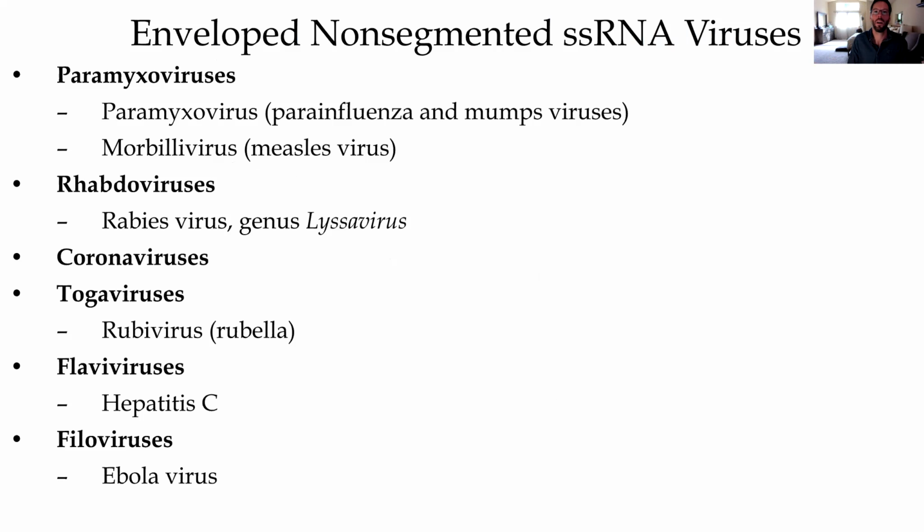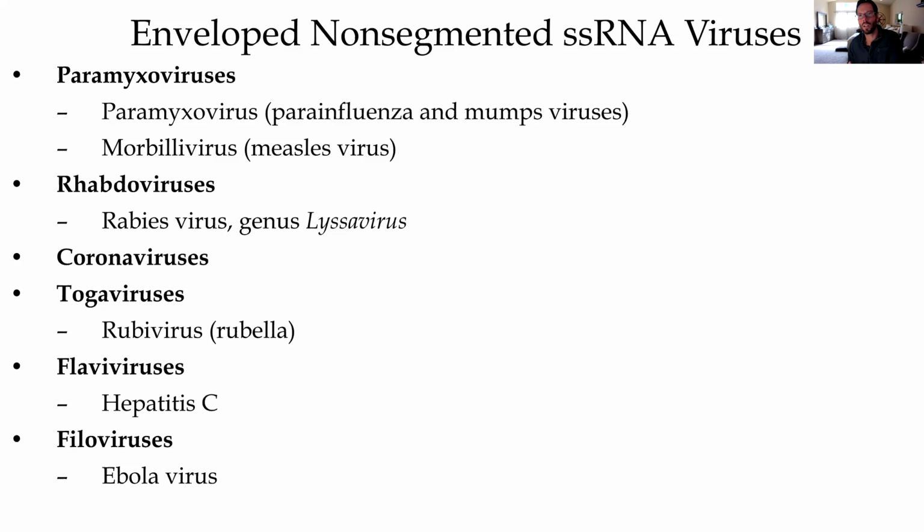That's going to be your mumps, your measles, and your rubella. Flaviviruses, think hepatitis C. Flaviviruses can also be not just hepatitis C. They can be really bad or other RNA viruses as well. And then filoviruses like the Ebola virus.